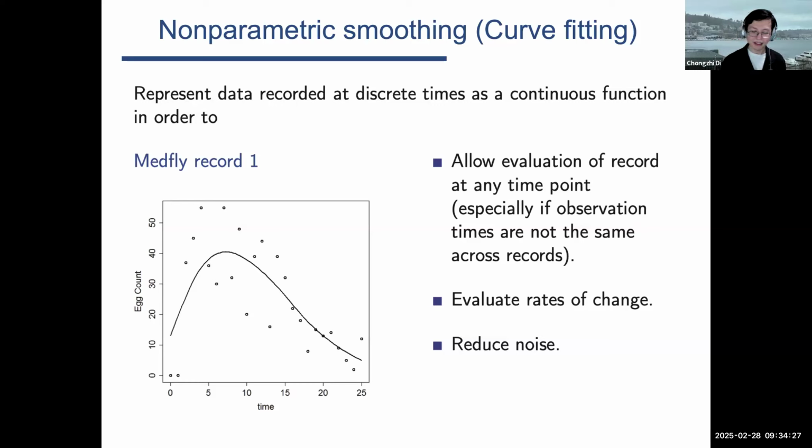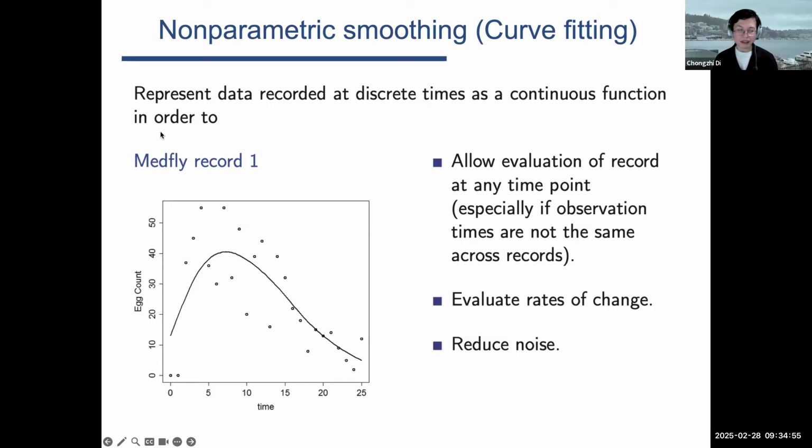Most of the techniques would work fine, as long as you choose your smoothing parameter carefully, and they can give you desirable results. In this workshop, I'll focus more on spline smoothing because I think that integrates better with the other parts of the workshop, which are principal component analysis and the regression parts.